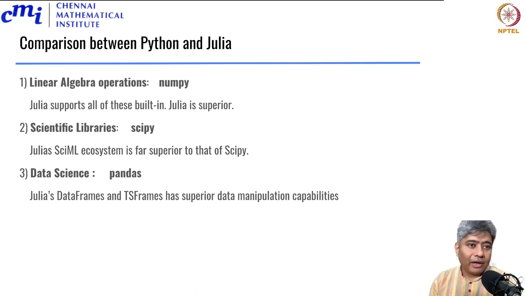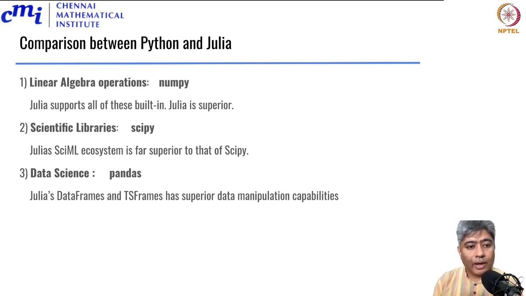I have presented here a comparison between Python and Julia, across different packages. For example, if you want to do linear algebra operations, you need the NumPy package. But Julia supports all of it built-in, and in time performance, Julia is superior.